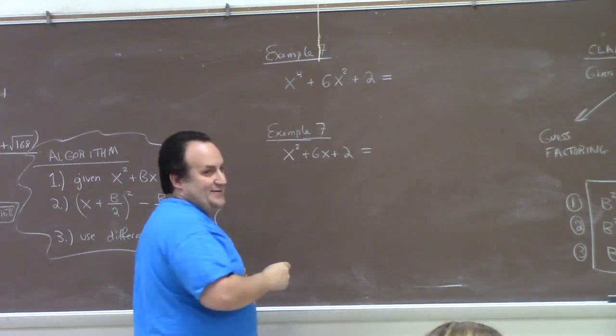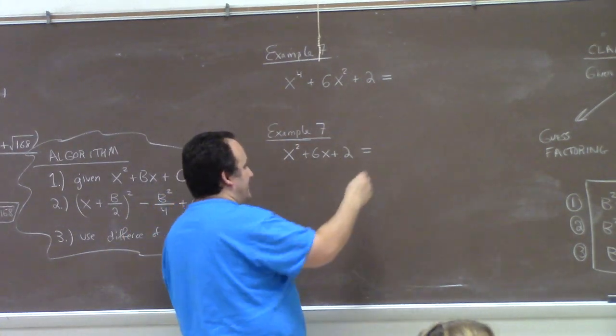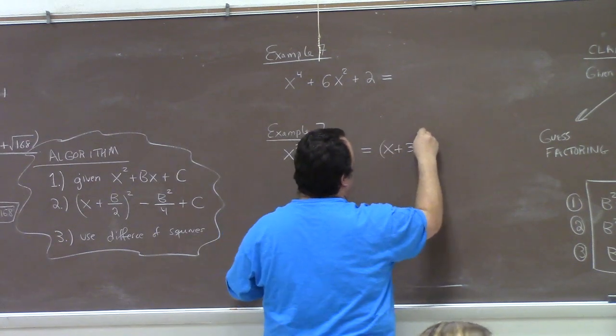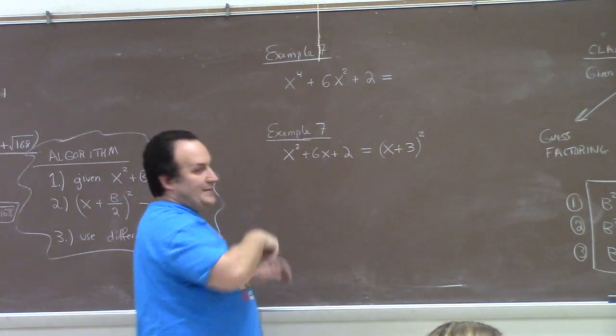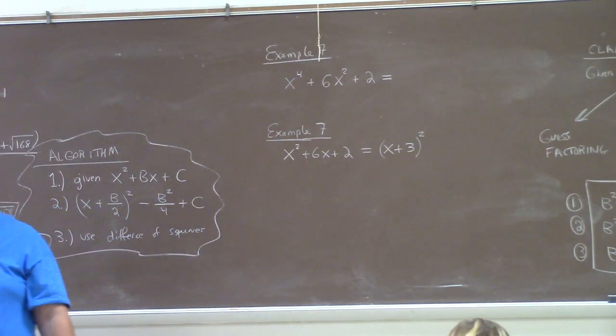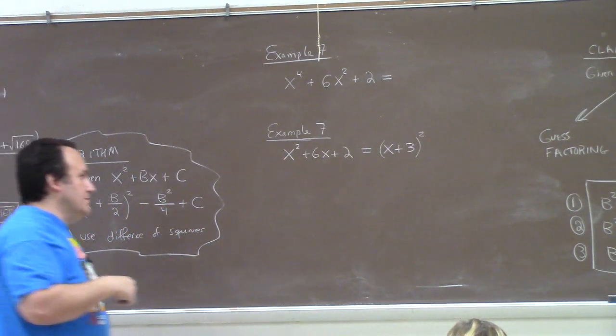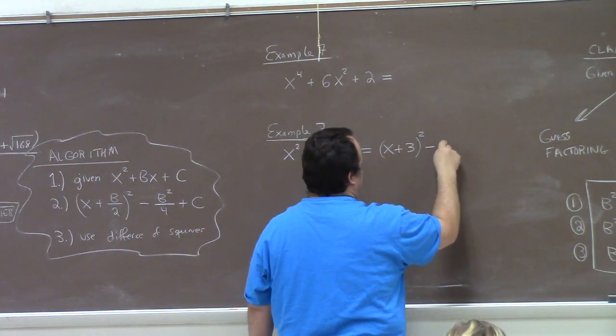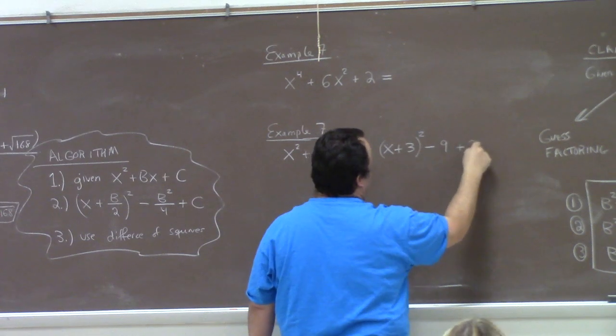I might come back to it if Kennedy allows it. This is x. I seem to have done the first step: x plus 3 squared. And then I do what? I subtract. Yeah, it's minus 9, and then still the 2, right?